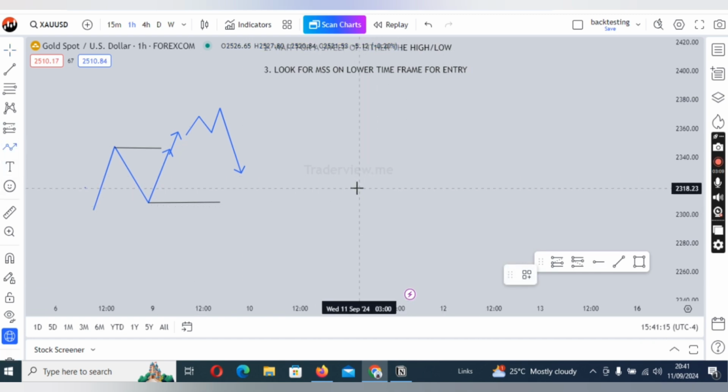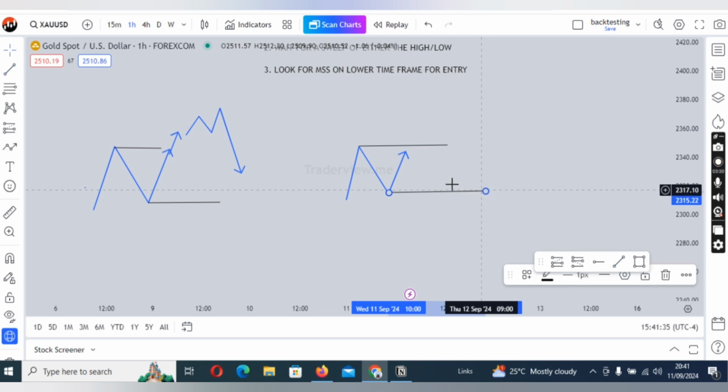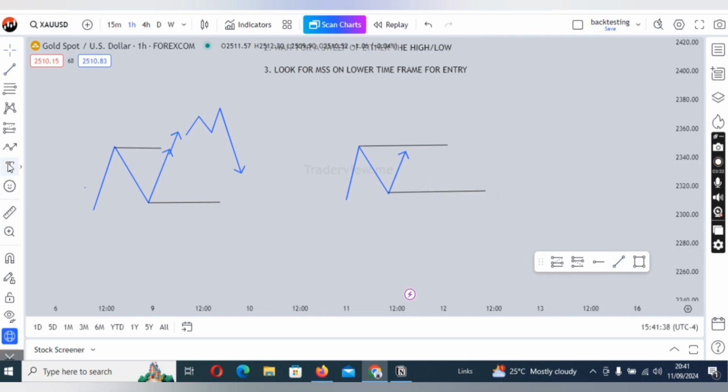Go to the 15 minutes time frame, which is where you should align your swing highs and swing lows. Outline your last swing highs and last swing lows before 8 p.m. New York time, and then at 8 p.m. wait for a sweep of either the high or the low.